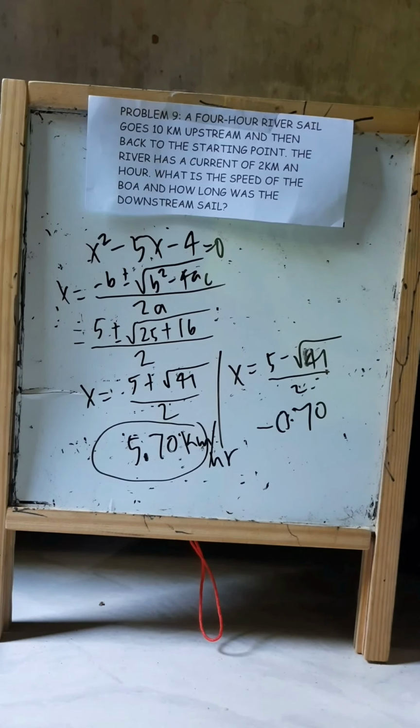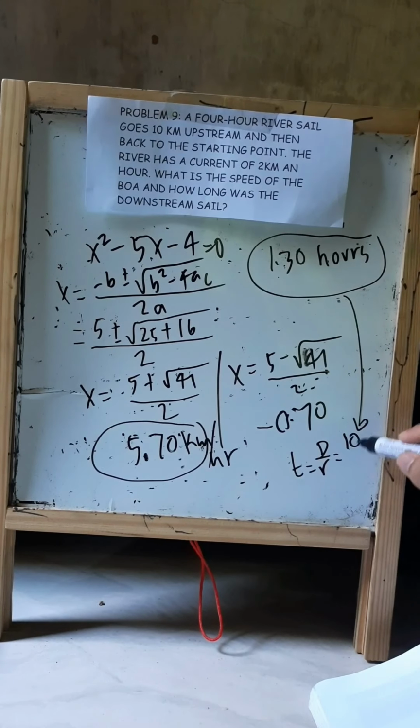How did we get 1.30? This is obtained by using the formula distance over rate.